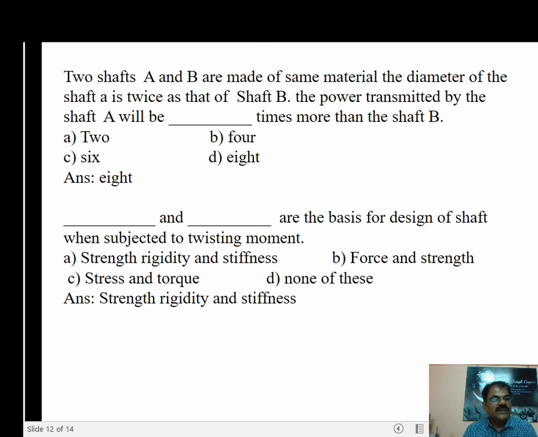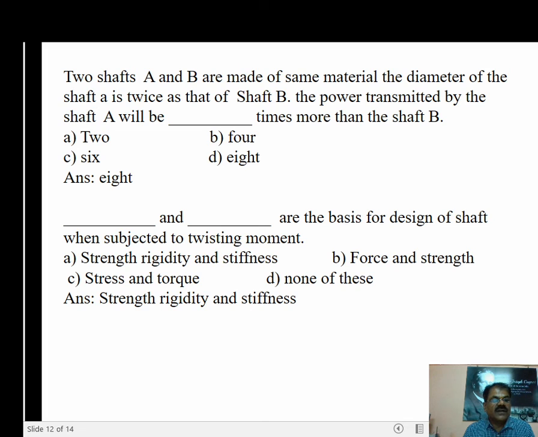Next MCQ: two shafts A and B are made of the same material.